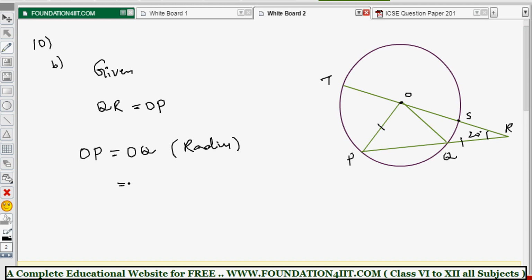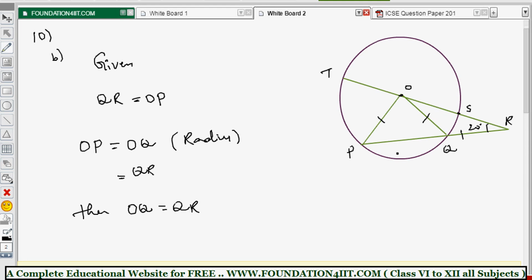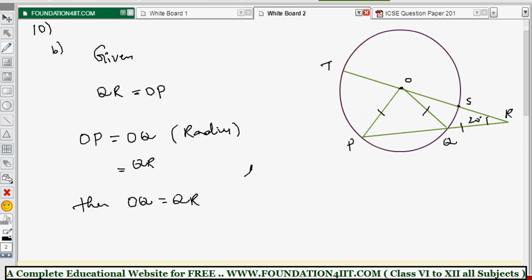Now that is equal to QR again. That means OQ is equal to QR. So this is also equal. Then from triangle OQR, you can see here, whenever two sides are equal, their opposite angles are also the same.